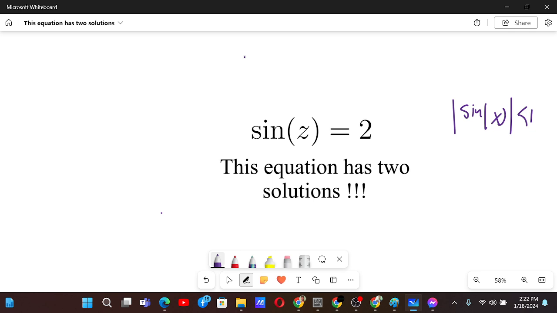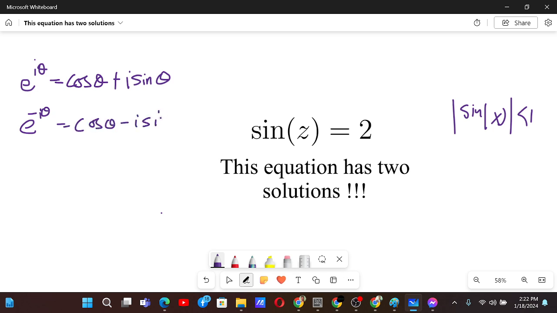Now for that, first of all, we need to be familiar with Euler's formula, which is something like this: e to the power i theta is cos theta plus i sin theta. Now if we substitute theta as minus theta, we get e to the power minus i theta as cos theta minus i sin theta.